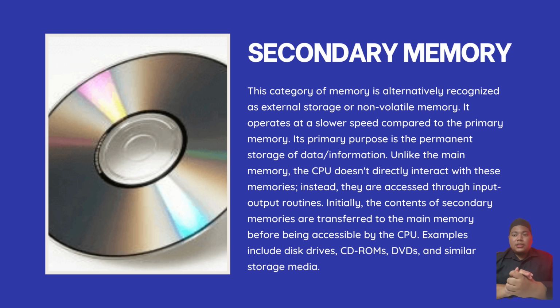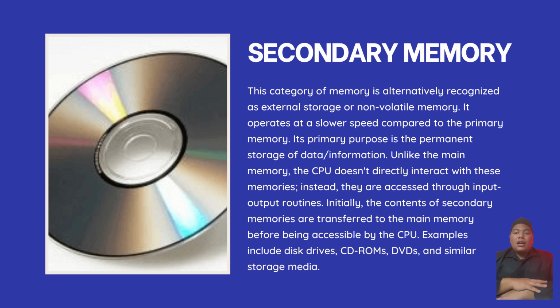Okay, next one is secondary memory. This category of memory is alternatively recognized as external storage or non-volatile memory. It operates at a slower speed compared to the primary memory. Its primary purpose is the permanent storage of data or information. Unlike the main memory, the CPU doesn't directly interact with these memories.